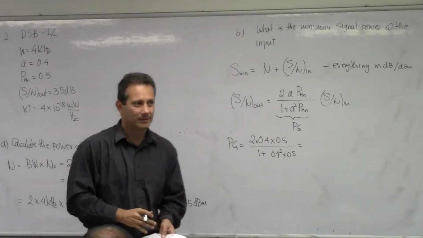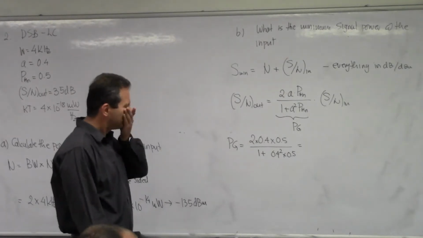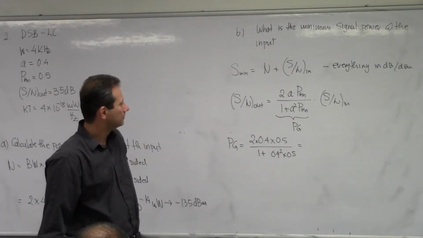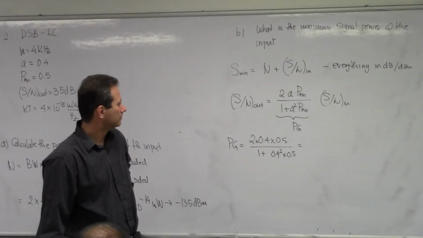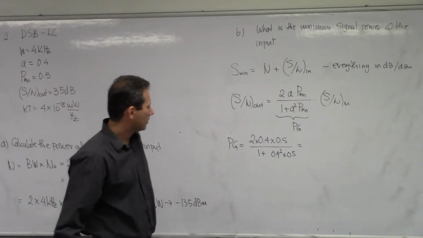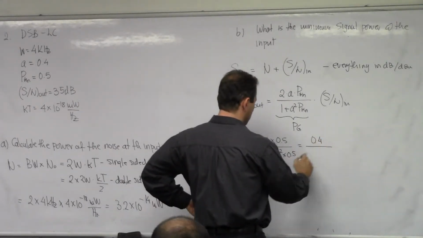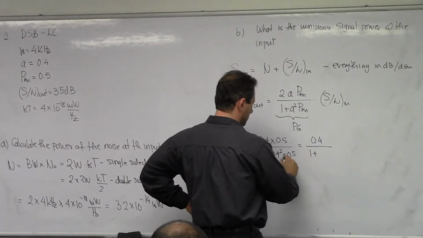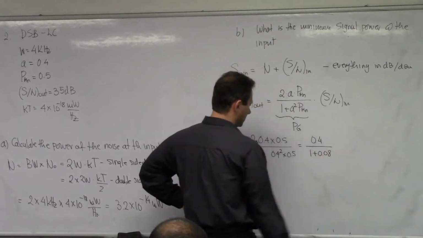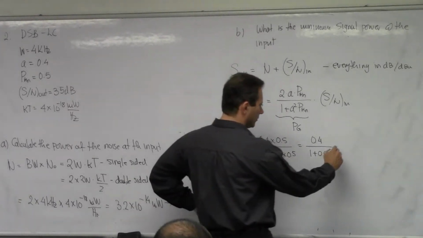Anybody with a calculator? Can you calculate this? So it's 0.4 divided by 1 plus 0.08. It's 0.48?